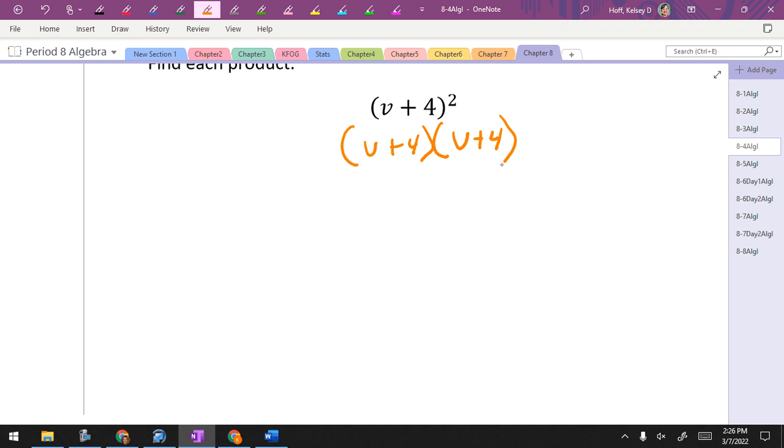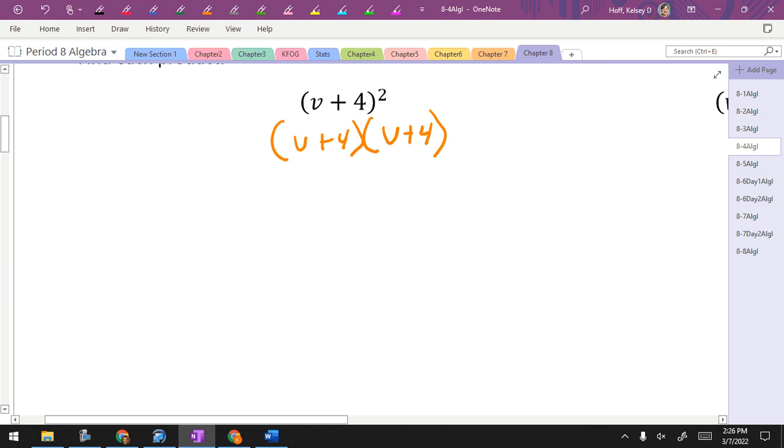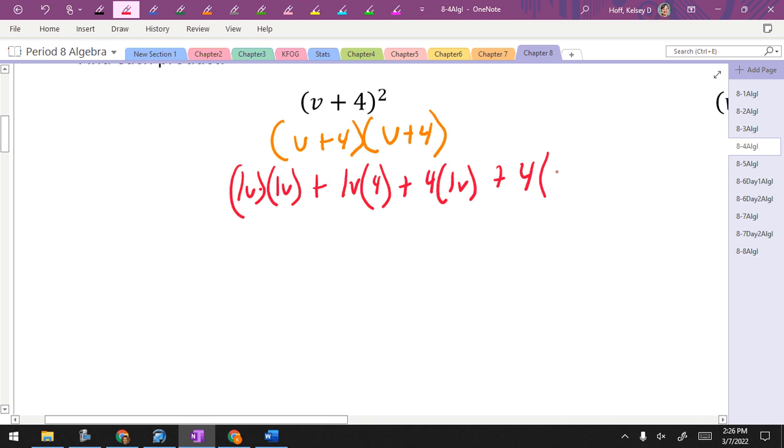Now, last week, you guys learned how to multiply this. Walk me through how I would multiply V plus 4 times V plus 4. 1V times 1V plus 1V times 4 plus 4 times 1V plus 4 times 4. 1V times 1V is 1V squared. 1V times 4 is plus 4V. 4 times 1V is plus 4V. 4 times 4 is plus 16.